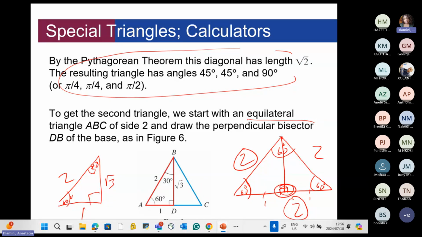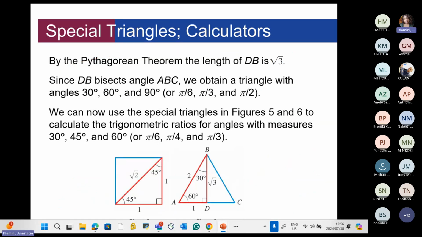So these two sections, they're just showing you how to find the triangles that we have been talking about all along. Are we together? Yes, ma'am. So these are the triangles here. And from these triangles, you can get those three special angles, which is the 30 degrees, the 60 degrees, and the 45 degrees, which is pi over 6, pi over 3, and pi over 4.